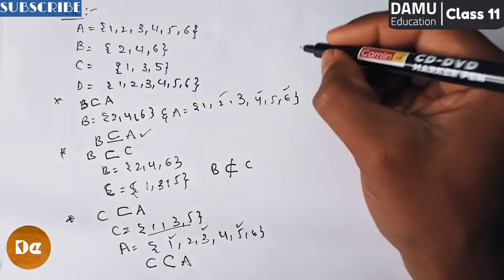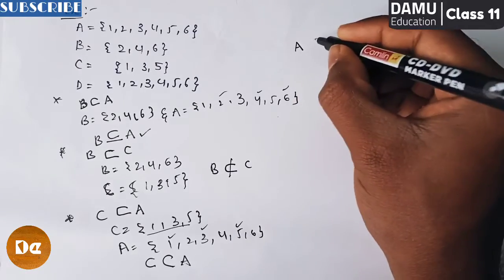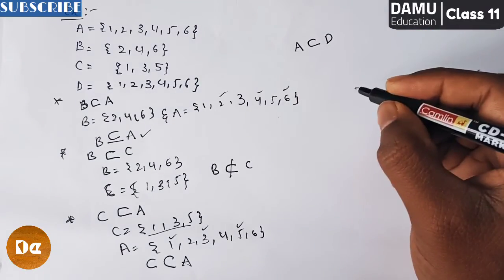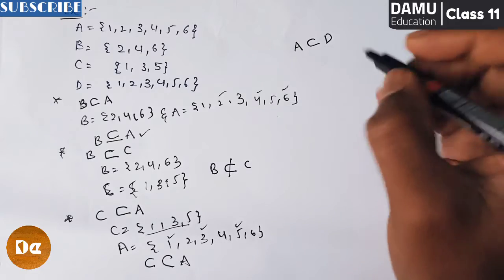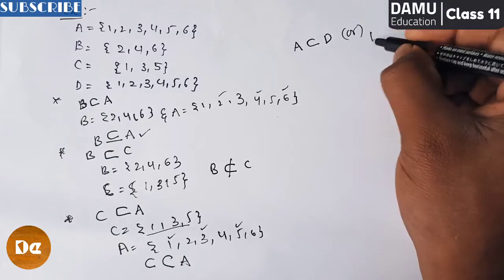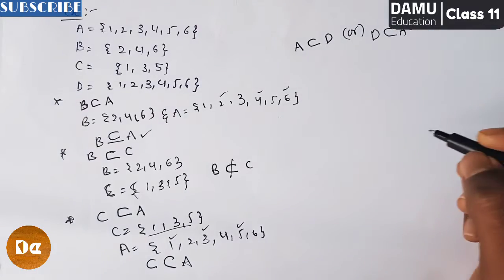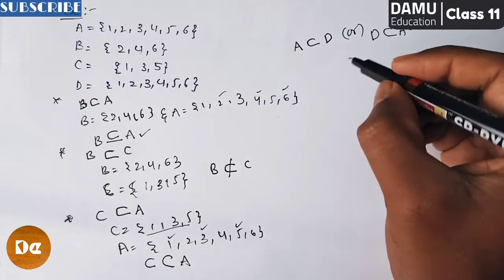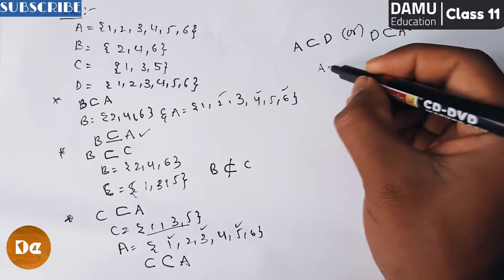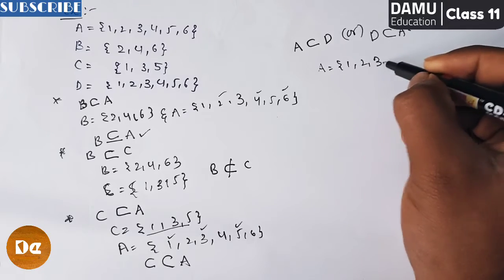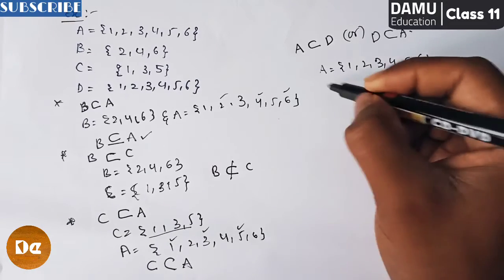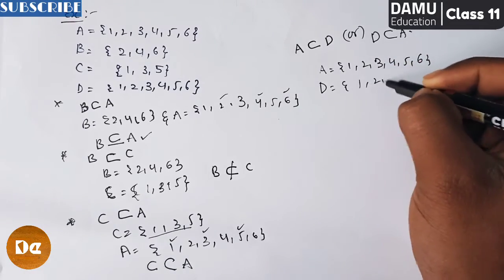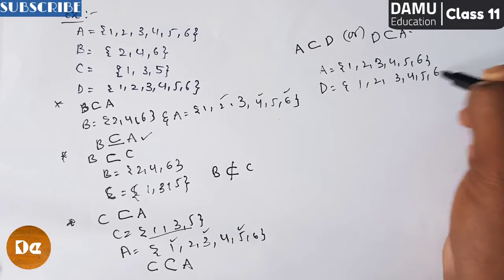The next one, is A a subset of D or not, or is D a subset of A or not, we have to check it. A has 1, 2, 3, 4, 5, 6 and D has 1, 2, 3, 4, 5, 6.